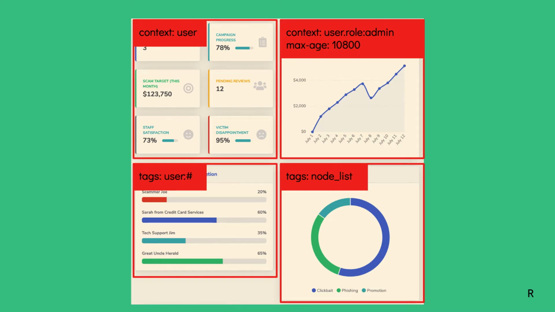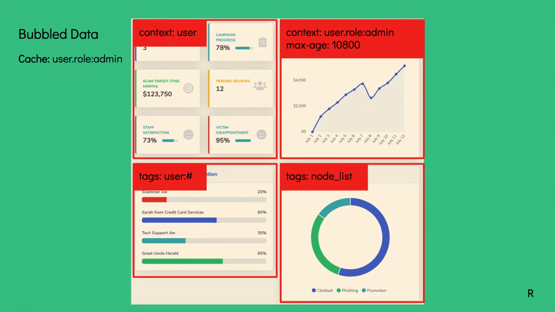But what does that look like whenever we're building out the page? How does the metadata bubble up? For our cache contexts, we've got 2 of them: user and user role admin. So how would that bubble up?